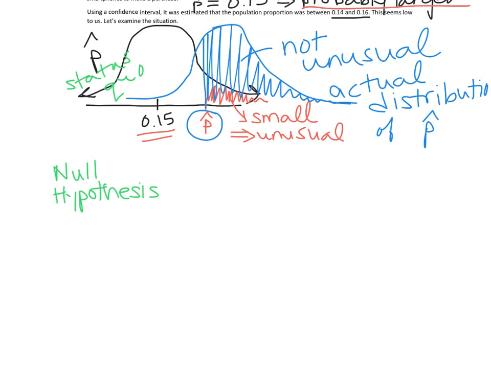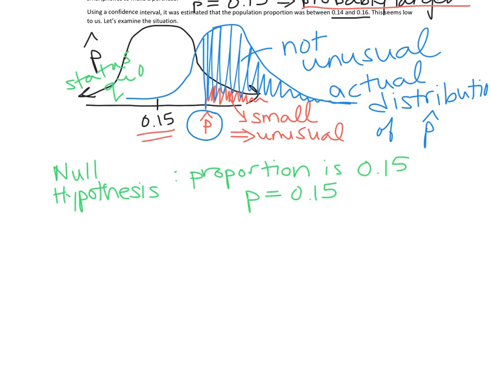And it's that old idea. And in our case, our null hypothesis was that the proportion of the population that have used their smartphones to make a purchase is 0.15. And so we would write p equals 0.15. And it's the population proportion. That's why we're using p and not p-hat.